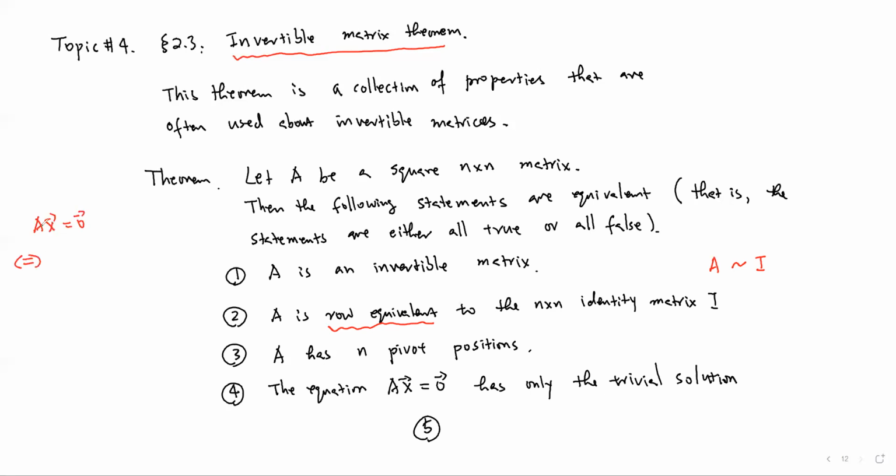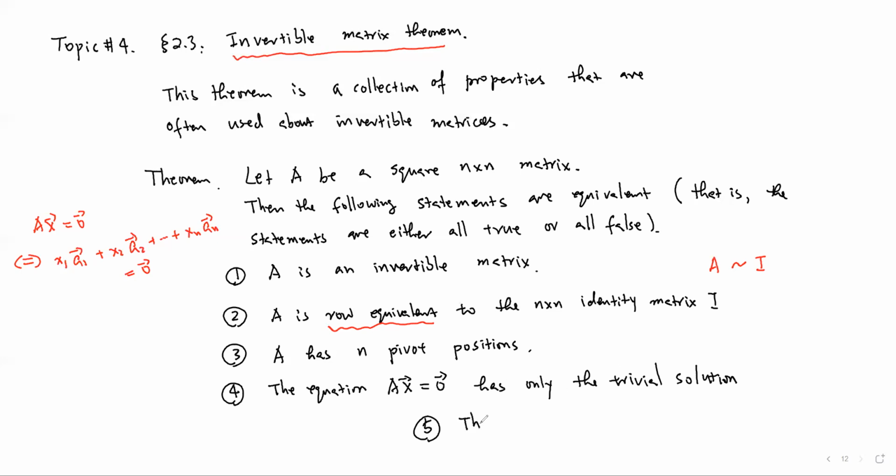The right side is x1, the first entry of the vector X, times the first column, plus x2 times the second column, and so on up to xn times column an, equals 0. This equation has only the trivial solution.